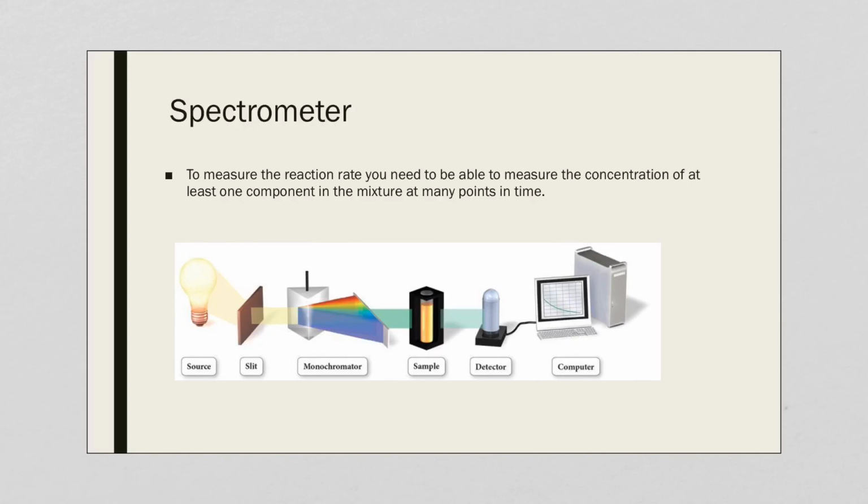Now, some reactions you can set up in a way where we don't even need a spectrometer, right? We can just observe the reaction using a stopwatch, and we can look for some change visually in the reaction, like a color change, for example, and we can measure the rate that way. And that's what we're going to be doing in lab.